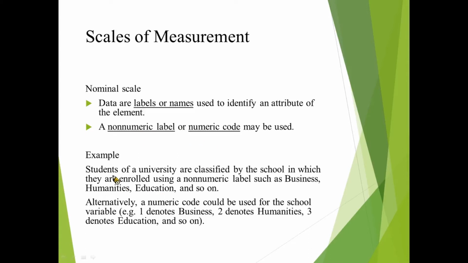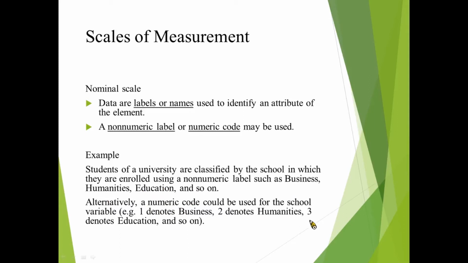So you can see the first example. Students of a university are classified by the school in which they are enrolled using a label such as business, humanity, education, and so on. This is non-numeric, which means it does not show a number. Maybe you can set business equal to 1, humanity equal to 2, and education equal to 3.